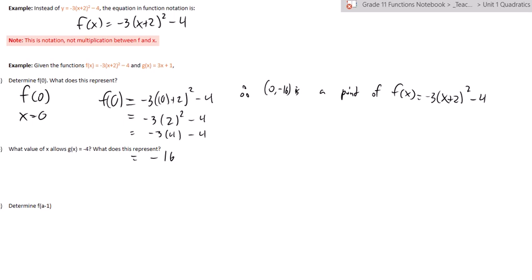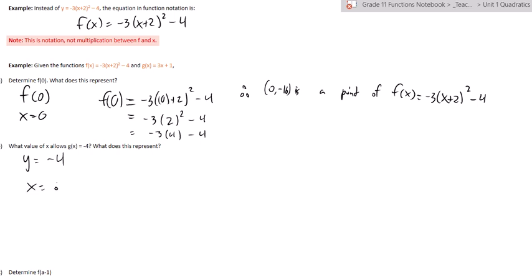Now we want to determine what value of x allows g of x to equal negative 4, and what this represents. In this case, instead of being given the value of x, we're told when the function is equal to negative 4. So g of x equals 3x plus 1. This is essentially the same thing as saying y equals negative 4.